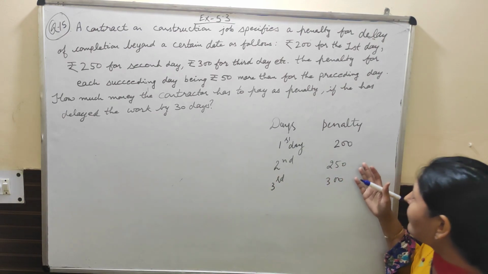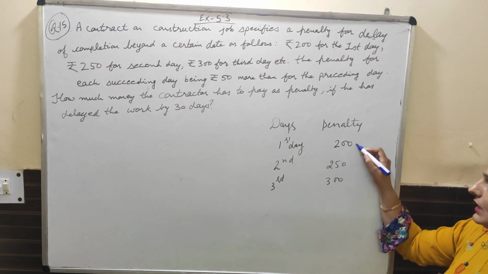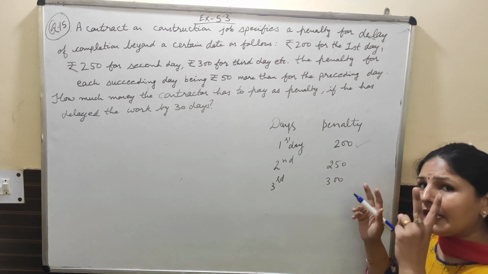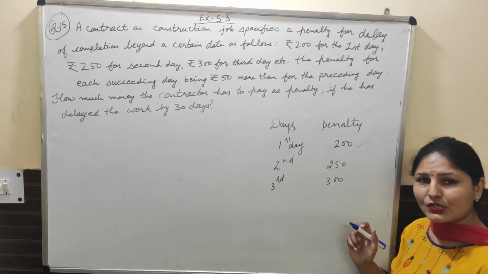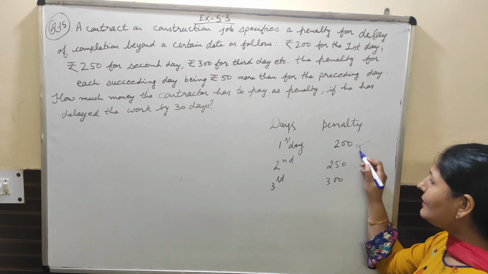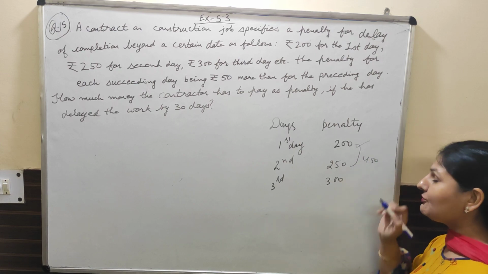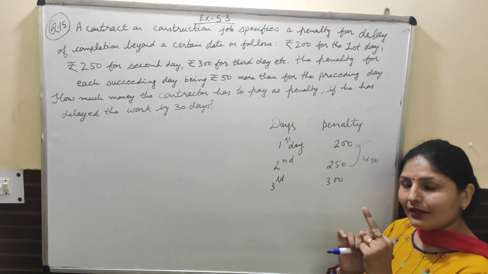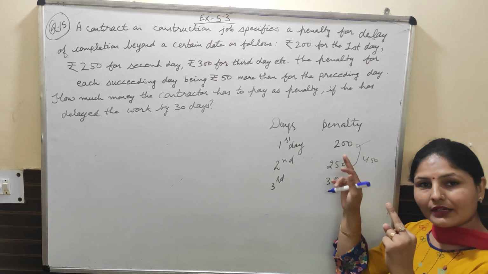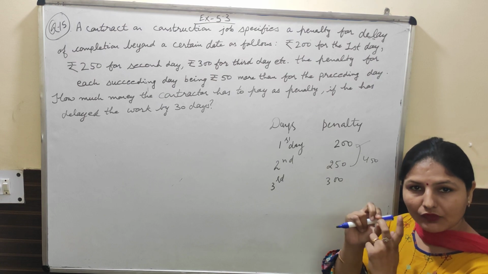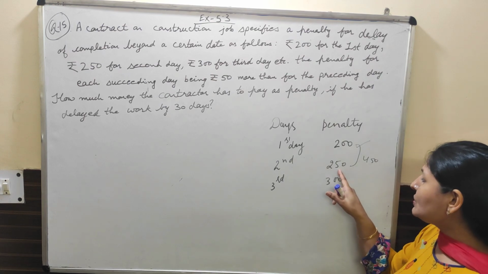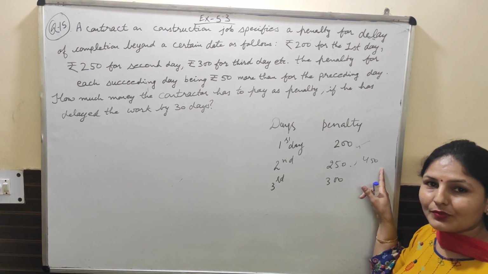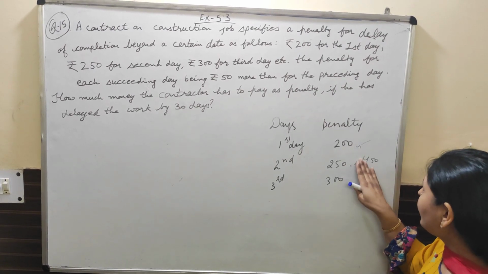Students, you can observe here, for the first day he has to pay rupees 200 only. And for delaying 2 days, how much money does he have to pay? Actually, he has to pay 450 rupees for delaying 2 days, because for the first day the penalty was 200, and for the second day only it is 250. So in total he has to pay 450 rupees. Are you getting my point?